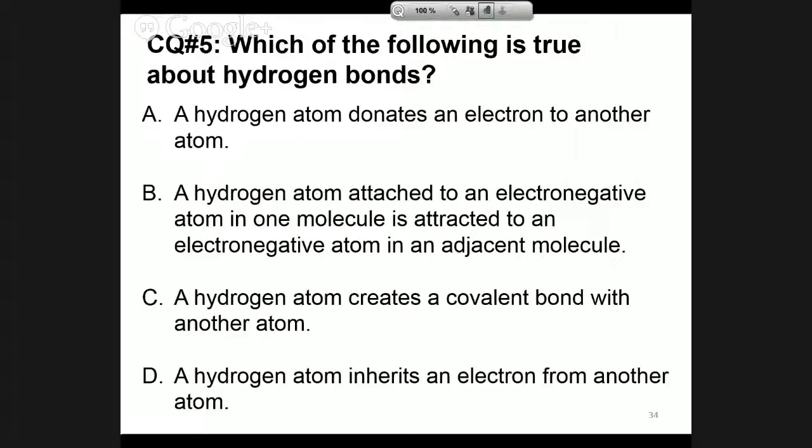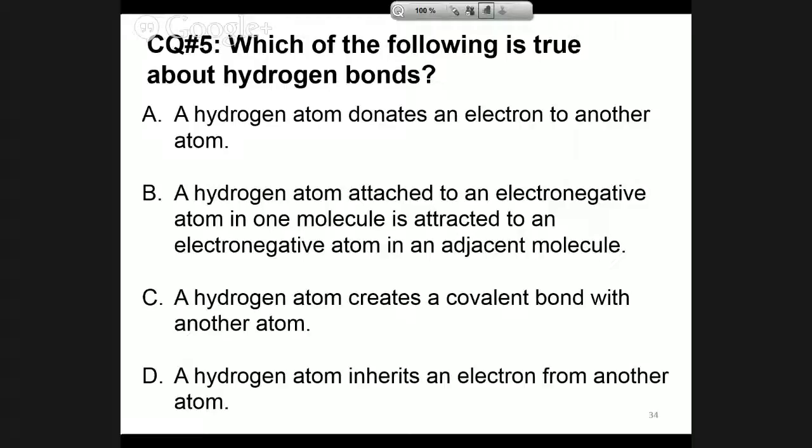The point they're trying to make here is when hydrogen is attached or bonded in a polar covalent bond, meaning to another atom that has a stronger electronegativity than hydrogen, it can then participate in a hydrogen bond and be attracted to another atom that is also in a polar covalent bond, but that's going to be the one with the partial negative charge.